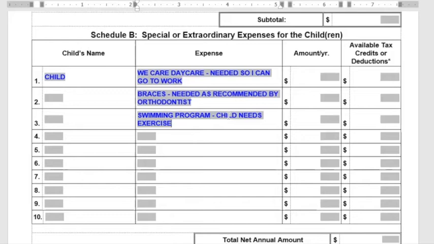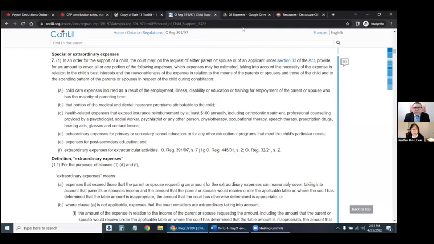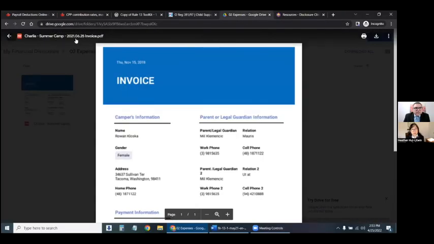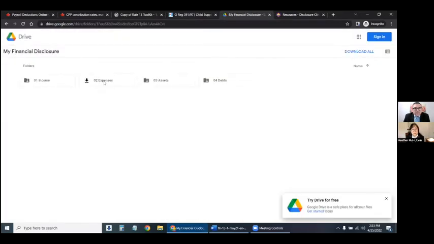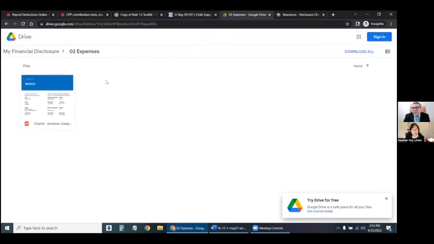It could even just be one piece of paper. So for example, I have in my box here, summer camp invoice, right? It doesn't matter, but it's here in my box under expenses for Charlie. Okay, so that's number 2, get paper.